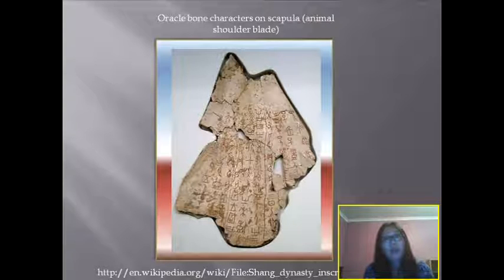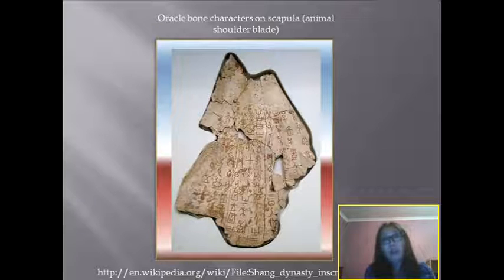The first step is to have these bones processed, and then they would heat a sharpened tool made of iron, probably to a very high temperature, and apply the tool to the bone to cause cracks. Then someone in charge would read the cracks to tell what would happen to them in the future.